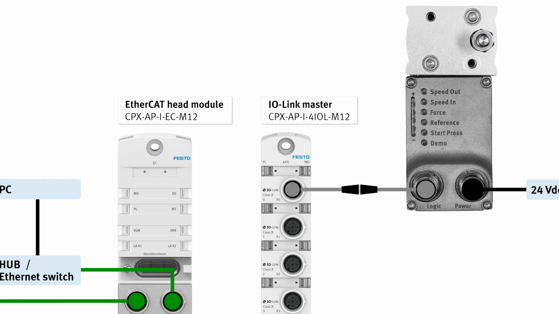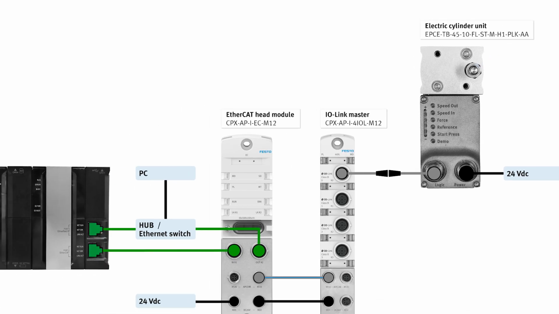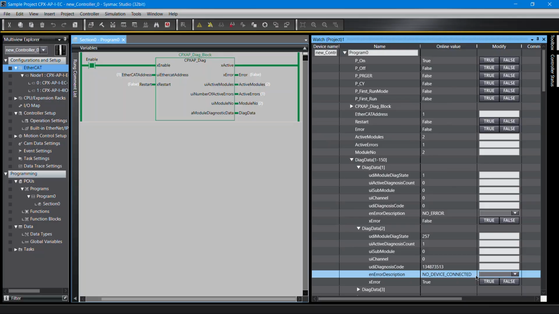In this example, I/O link device is interrupted. Error module number is visible in module number tag. Number of active error are visible in active error.